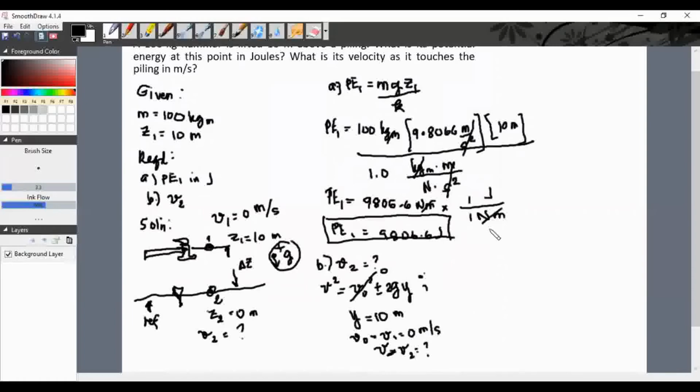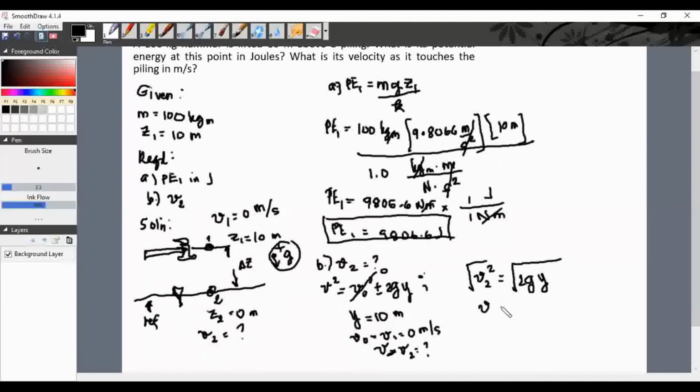Let's substitute. V sub 2 raised to 2 is equal to 2gy. In this case, I will use positive since our motion is downward. Then we take the root of both sides so that we get V sub 2 alone.